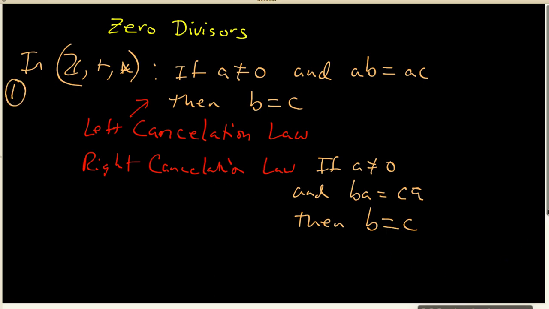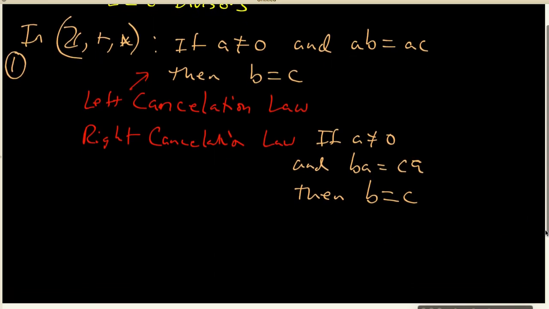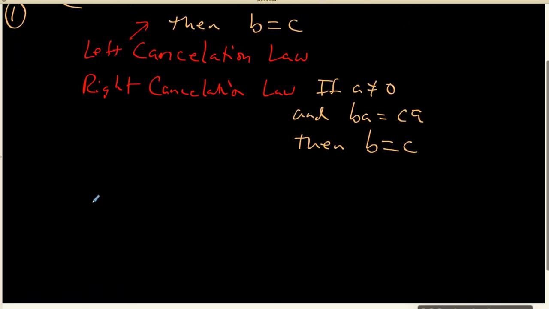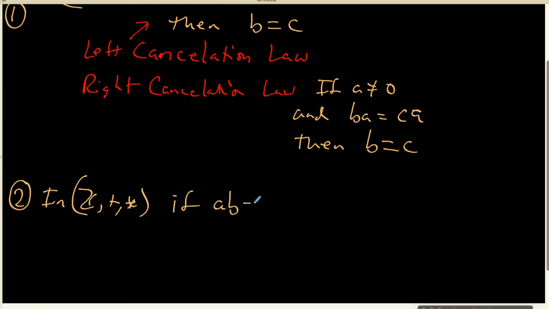Now we've got another fact about integer arithmetic that is also important, and I want to write it down as well. Inside of the ring of integers, we also know that if a product ab is equal to 0, then either a is equal to 0 or b is equal to 0.